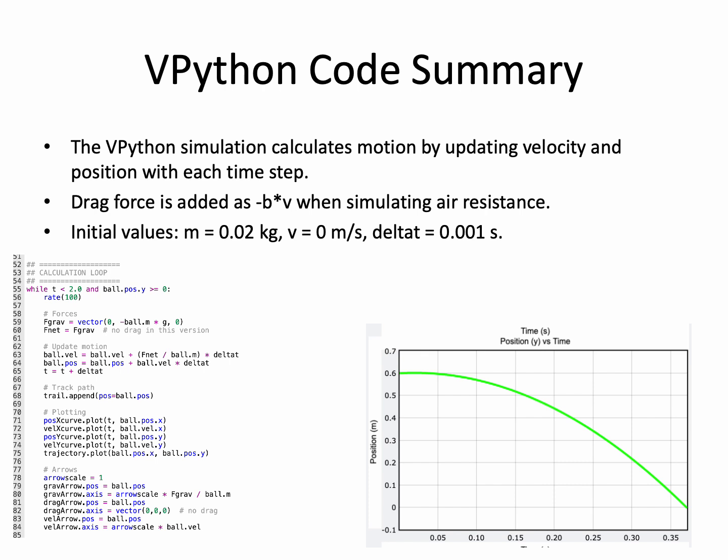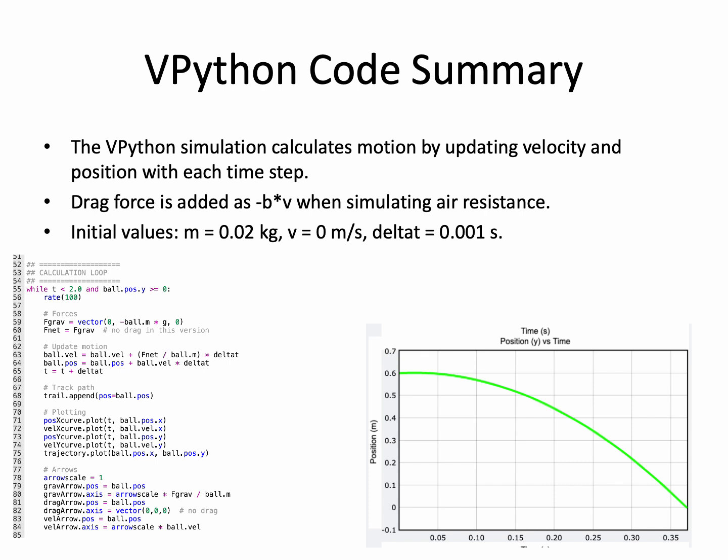The VPython simulation used a loop that updated the ball's position and velocity every 0.001 second. In the no-drag model, the net force was just gravity, which meant F net is equal to the vector 0, negative mass of the ball times g, comma 0. That's the vector. And in the drag model, I added a force proportional to velocity.